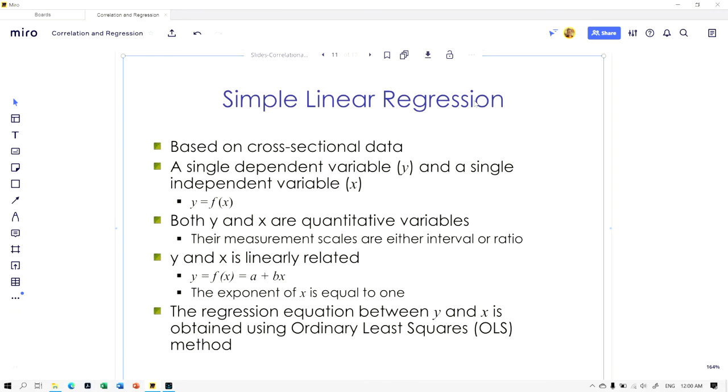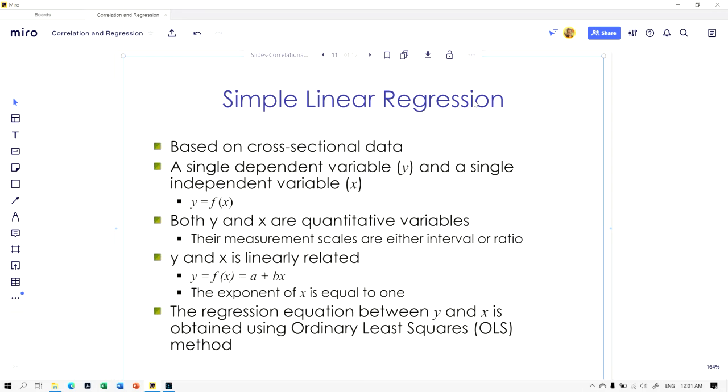Similar to Pearson correlation coefficient, when you want to construct a simple linear regression, both the variables y and x must be quantitative. In other words, you cannot perform a simple linear regression analysis when either one of the variables is not quantitative.